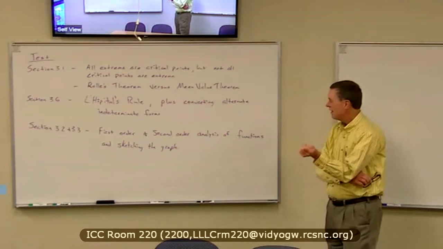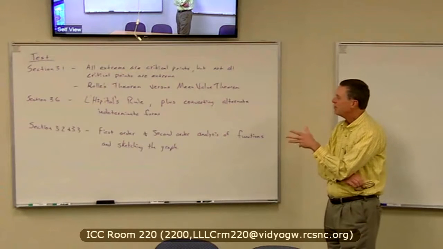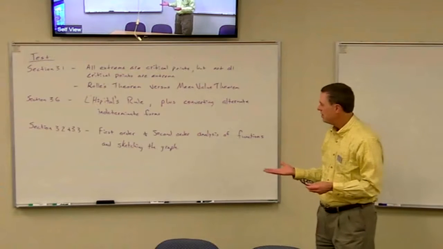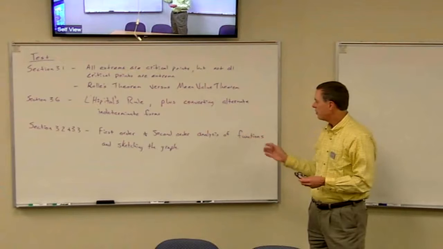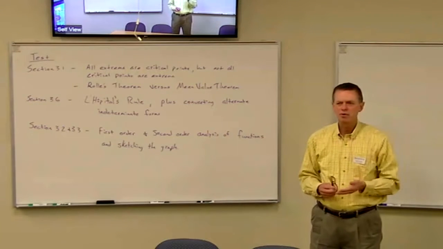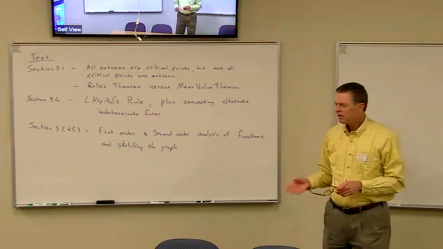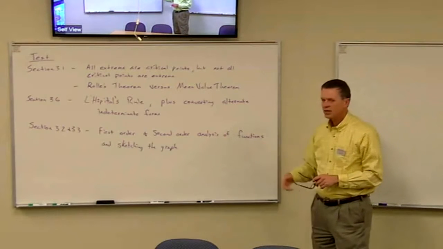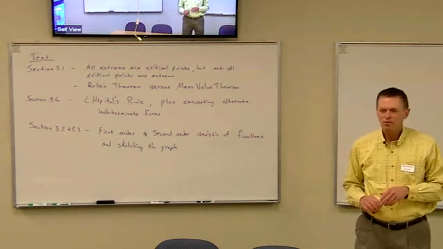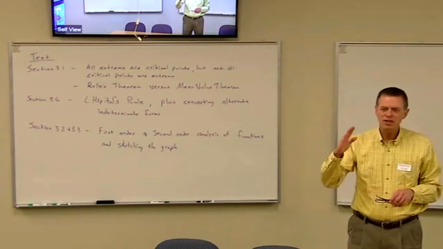That's fine. And then the last bit we did was section 3.2 and 3.3. That's what we just got finished doing. And that's simply applying first order and second order analysis, like on that graph guideline I put on Moodle, to analyze a function and then sketch the graph from that information. So you can find the intervals where the function is increasing and decreasing.